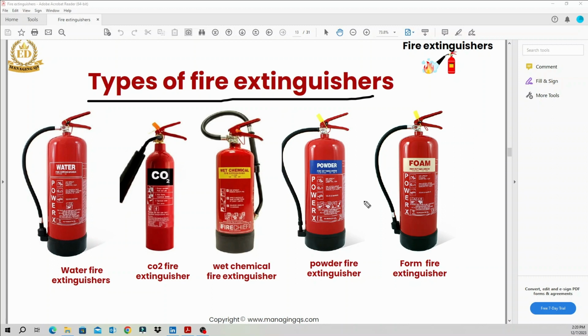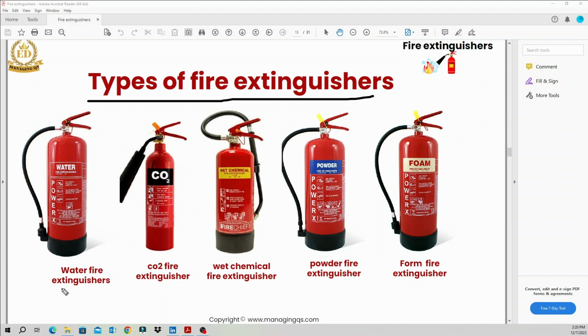Everyone knows, if you go to any commercial places, retail, malls, or other public areas, you can easily find these types of fire extinguishers. Now we are going to learn the main purpose and what is inside these fire extinguishers. Once we finish this section, hopefully you will have a little more understanding about the fire extinguisher.